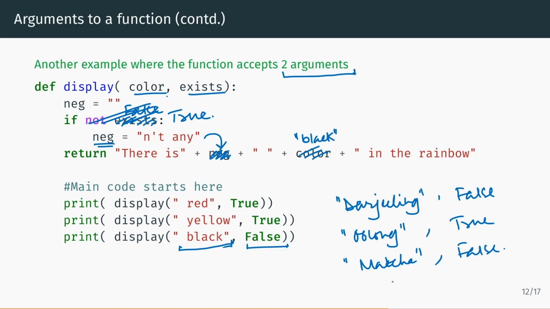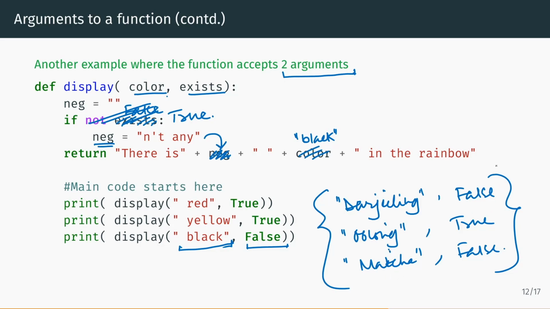So as you add more and more arguments, your function, your procedure, subprogram, whatever you call it, becomes more and more flexible, okay? So the more arguments you have, the more flexible your function is, okay? The more your function can vary, the more your recipe can vary. Previously, with just one argument, you had just 3 types of tea, right? Darjeeling, oolong, and matcha.